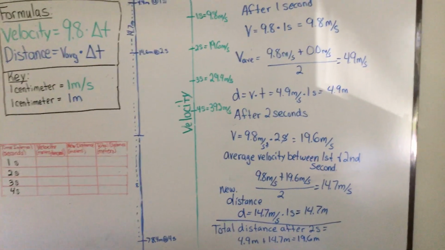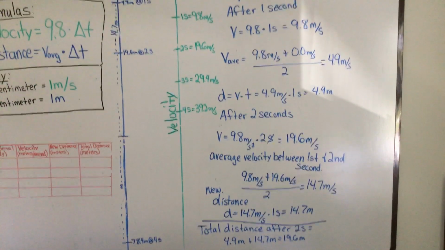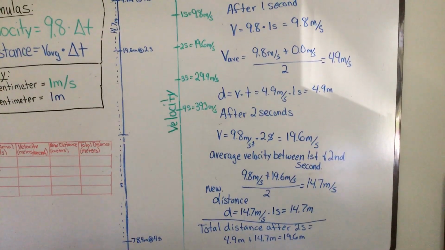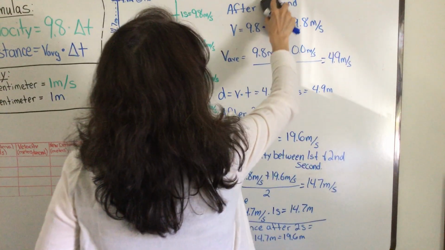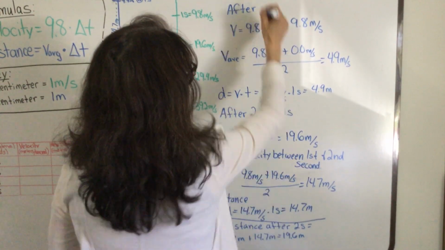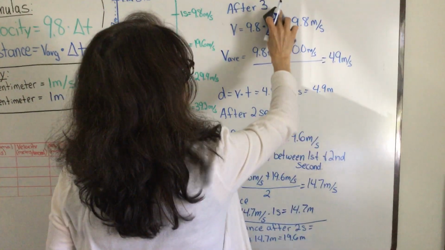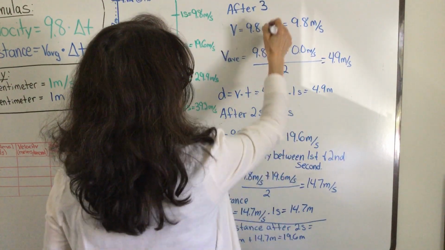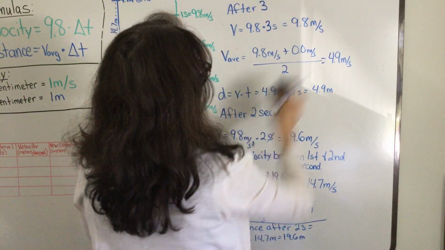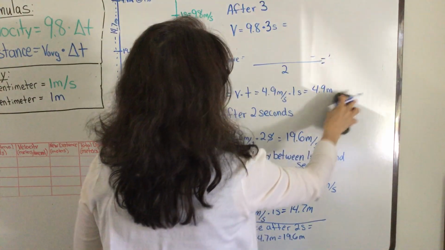All right, let's go over here to the math. What if we did after 3 seconds? Again, I don't need to see the math on the poster. I just am showing it to you. So I'm going to erase some of this.